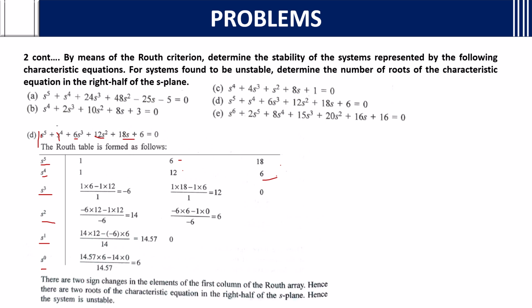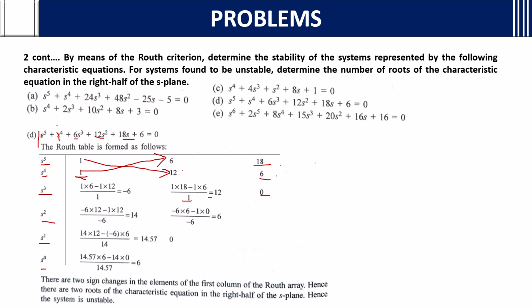You have written, no? After writing it, what you will do? 1 into 6 minus 1 into 12 by 1. The next, what you will do? 1 into 18 minus 1 into 6 by 1. You will get 12. For the next element, there is nothing, so 0.